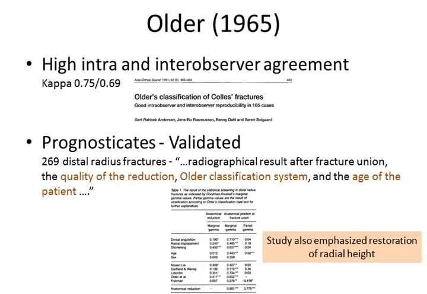Based on radiographical outcome, not functional outcome, the 3 factors that he found that prognosticate were the quality of the reduction, the Older classification system, and the age of the patient. In that study, he also emphasized that when you do reduction, the most important parameter to aim for is to restore the radial height.